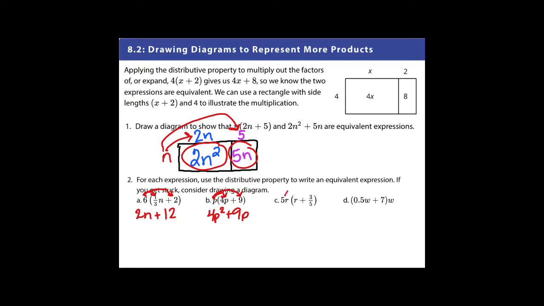C, 5r times r gives you 5r squared, and your 5r times 3/5 gives you 3r. And then for D, this one is just on the back, so you'll still do it times each one, and it will give you 0.5w squared plus 7w. And you can draw diagrams too to help you out. I didn't, but that is a good way to do it too.